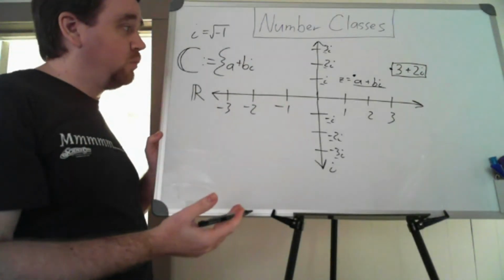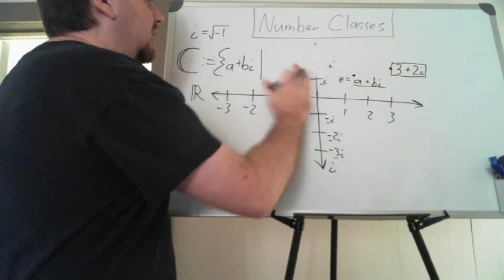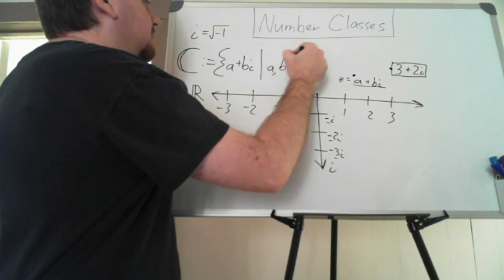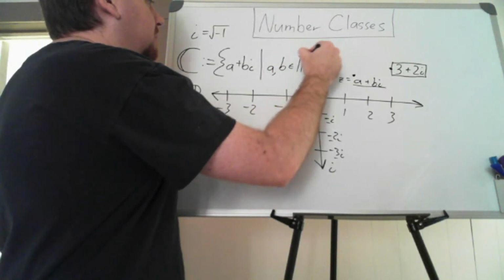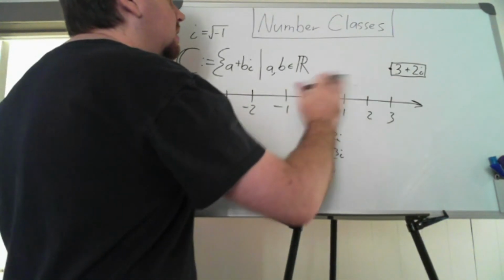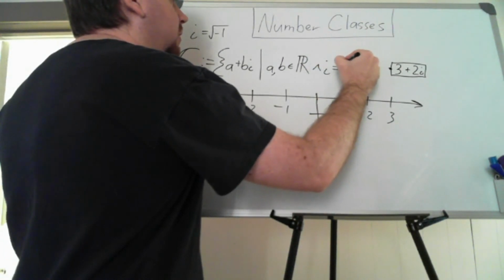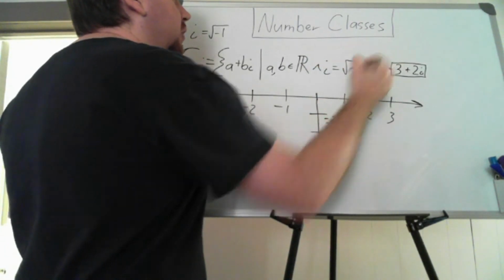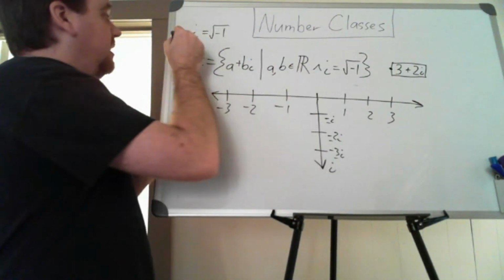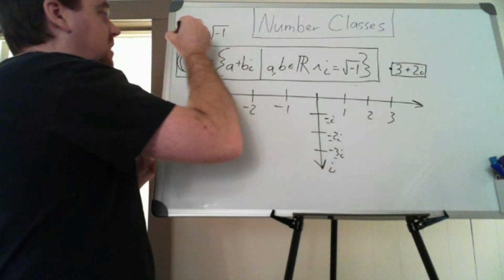But we need to have some restrictions on that, so I'm going to go ahead and get this out of the way here. a and b are real numbers, so we say they're elements of the reals, and i equals the square root of -1. And that is our last class of numbers. It's what we call the complex numbers.